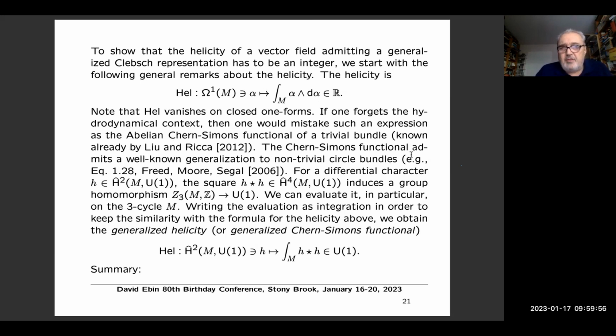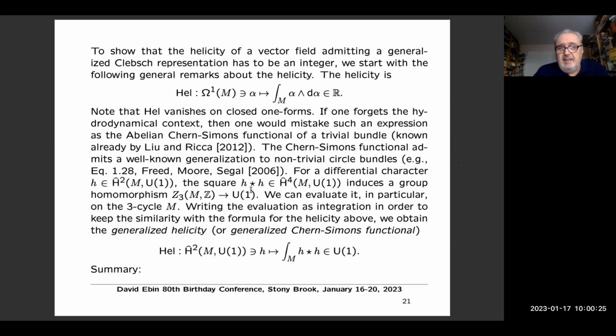The Chern-Simons functional admits a well-known generalization to non-trivial circle bundles. This was already known a long time ago in a paper by Freed, Moore, and Segal. So there is a fundamental connection between hydrodynamics and Chern-Simons theory. So for a differential character H, there is an operation which I'm not going to explain. It's a long story.